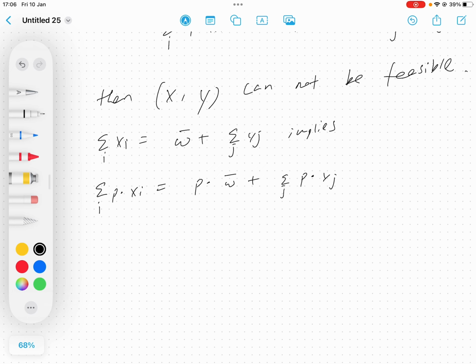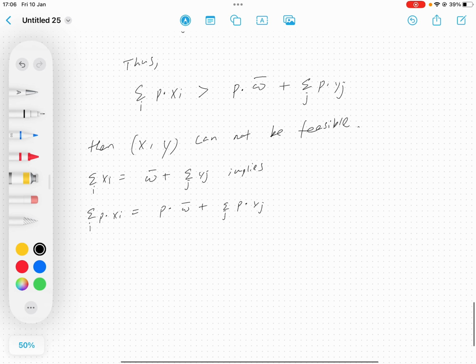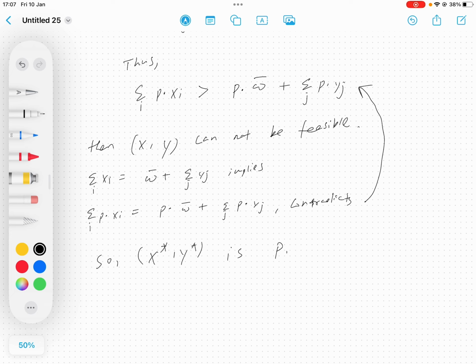And this contradicts this, okay? And then we conclude that the equilibrium allocation, so x star, y star, is Pareto optimal, okay?